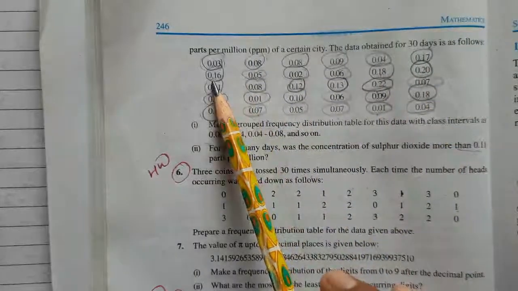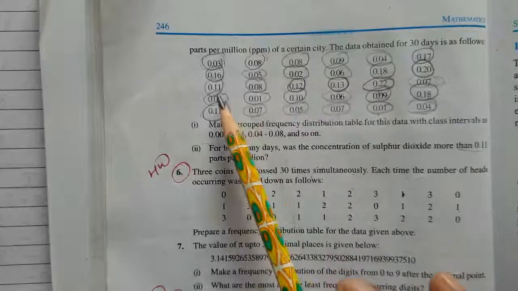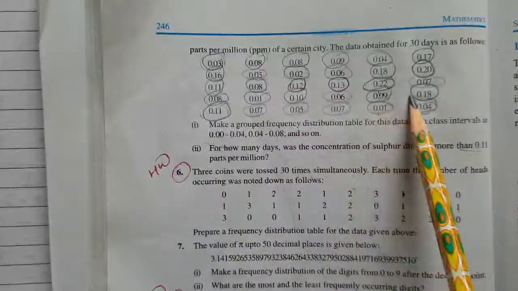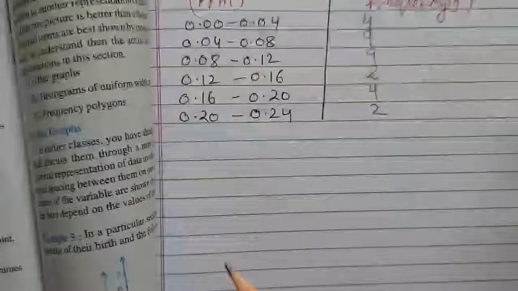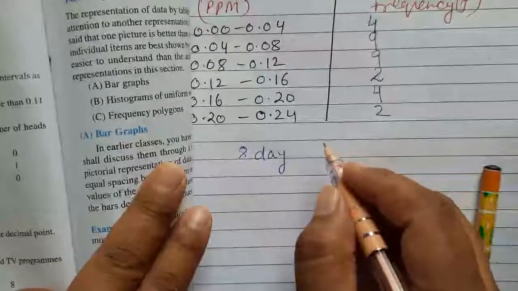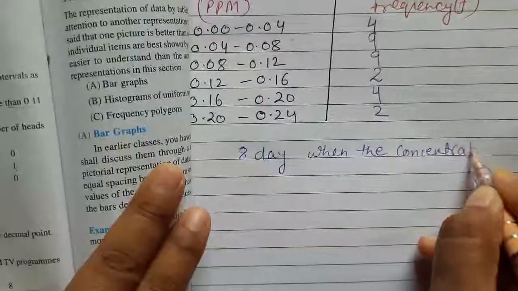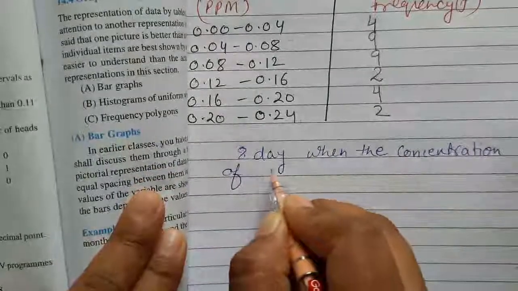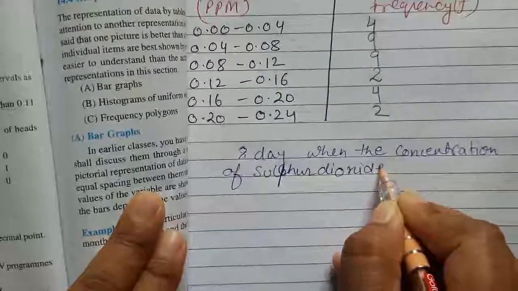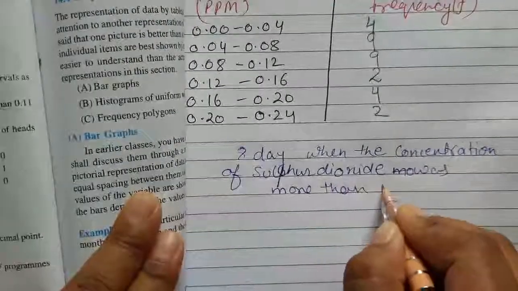1, 2, 3, 4, 5, 6, 7 and 8. So we have 8 observations, which means 8 days when the concentration was more than 0.11.